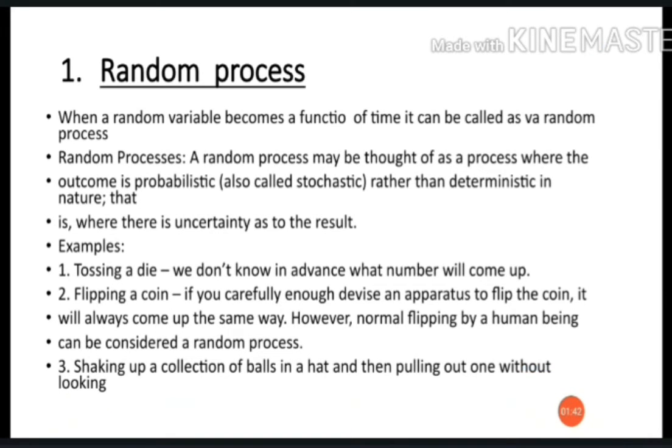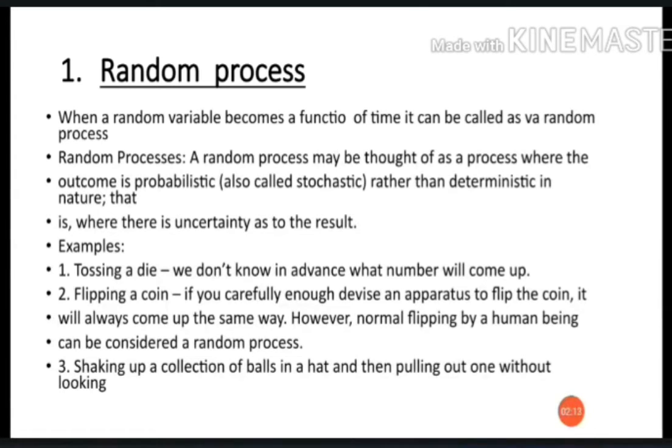When a random variable outcome becomes a function of time, it can be called a random process. A random process may be a task or a process where the outcome is probabilistic, also called stochastic, rather than deterministic in nature.